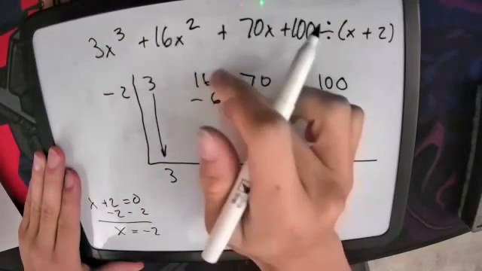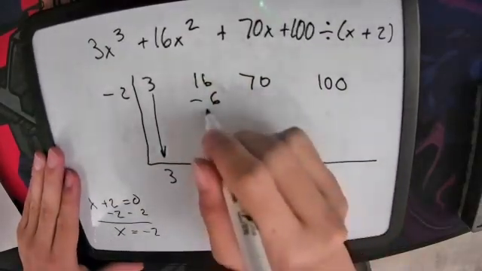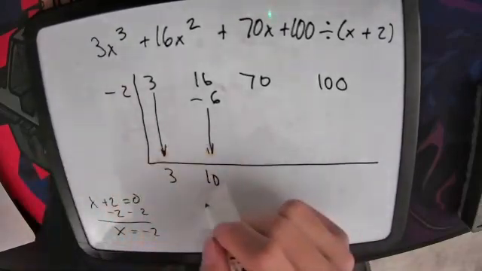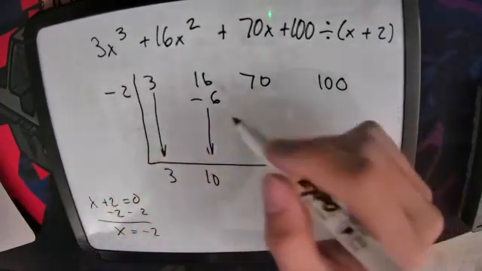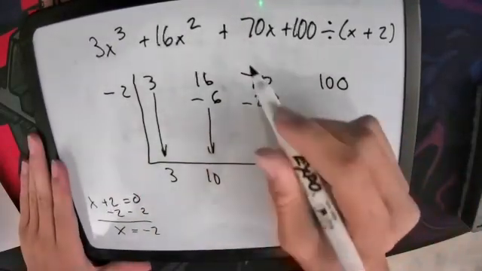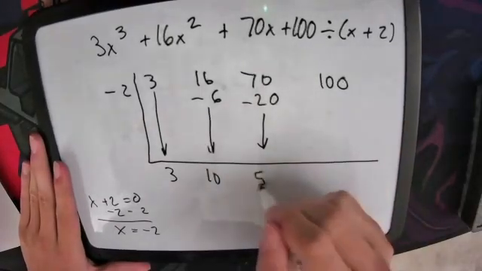Now we add these two up. 16 plus negative 6, that's going to be 10. 10 times negative 2, that is going to be negative 20. So we solve this. 70 minus 20, we drag that down, that is 50.